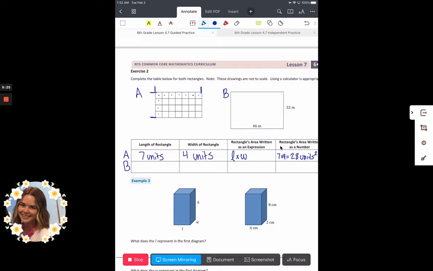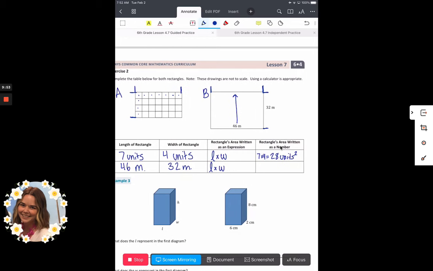Then we have our rectangle B. So our length is 46 meters. And our width, we have 32 meters. To write it as an expression, again, we can write length times width. And to write it with numbers, we have 46 meters times 32 meters. Sorry, let me rewrite that so we have our units.